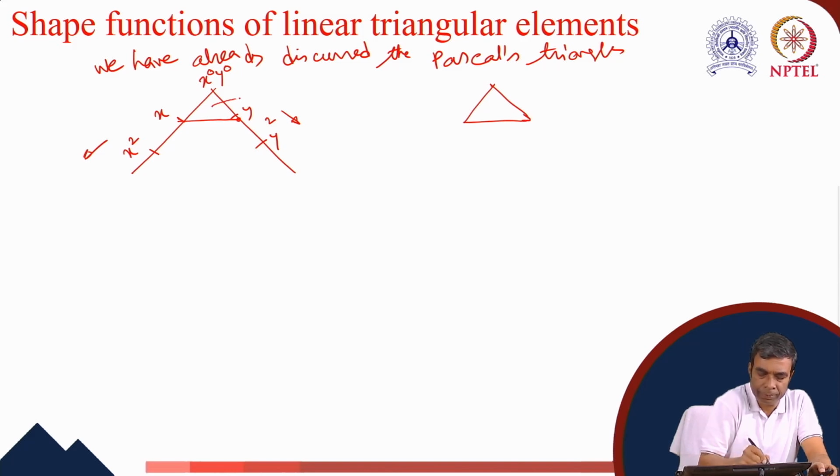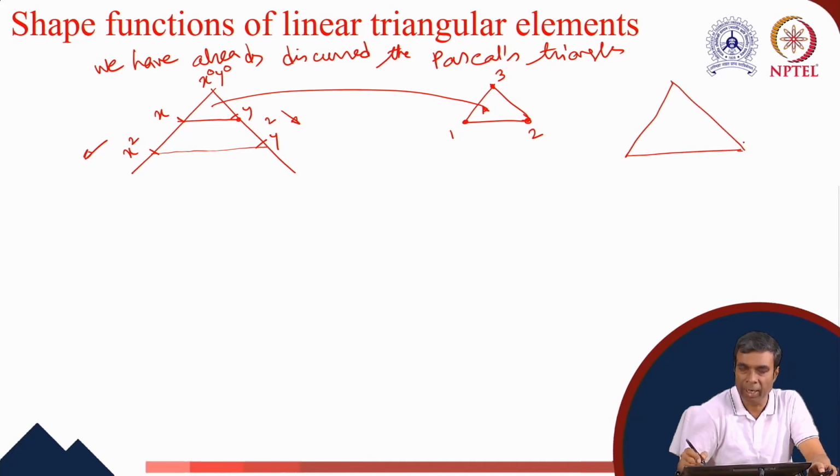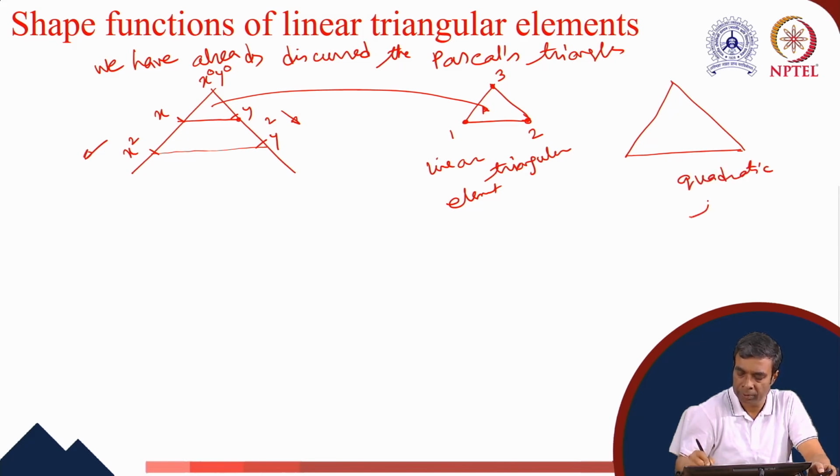So this particular shape with nodes 1, 2 and 3, we say that this is a linear triangular element. When we have 6 nodes, then we say that we have a quadratic triangular element. So this is a linear triangular element, and this is a quadratic triangular element which has 6 nodes.